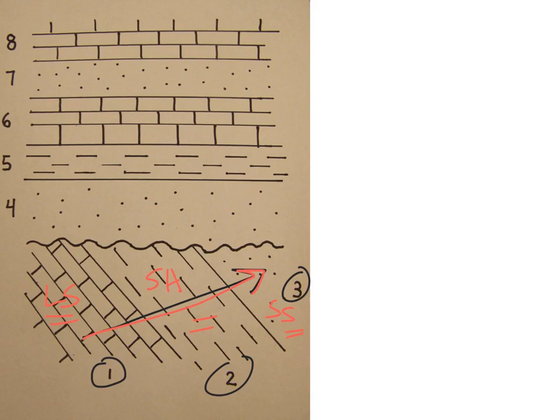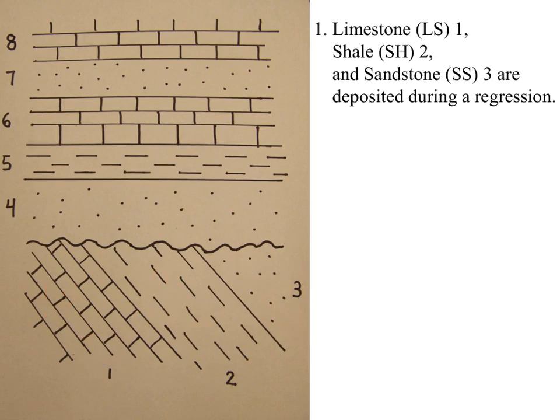But because this is coarsening as we're going up in the rock record, the seas must have been falling. Yeah? Hoping that makes sense. So we have limestone layer 1, shale layer 2, and sandstone layer 3 deposited during a regression, i.e. deposited when the sea level was falling.